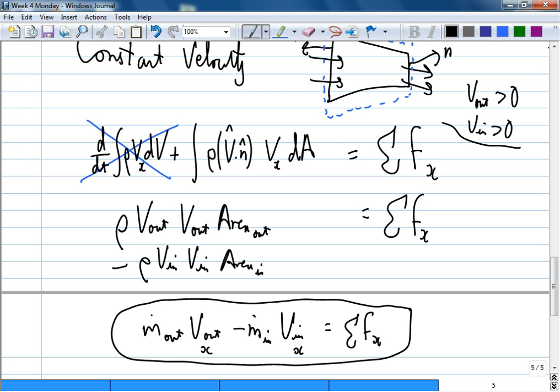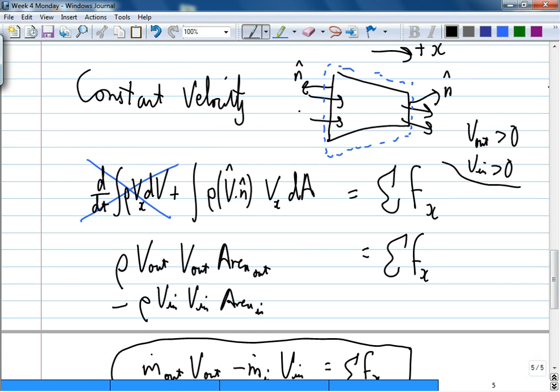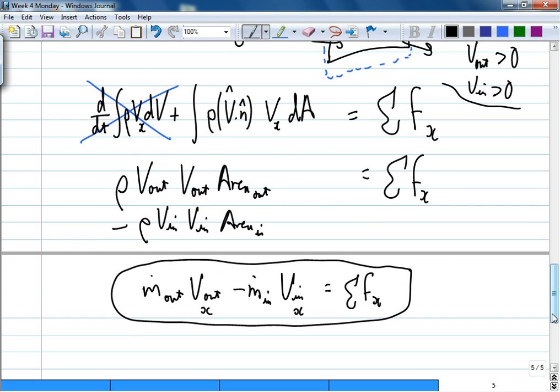So in this case, constant velocity, velocity normal to the control volume, and both velocities positive. The only reason there's a negative here is because when you're going in, the in velocity and the normal vector are opposite directions. That's why here it becomes negative.